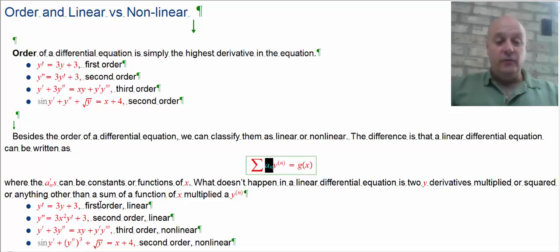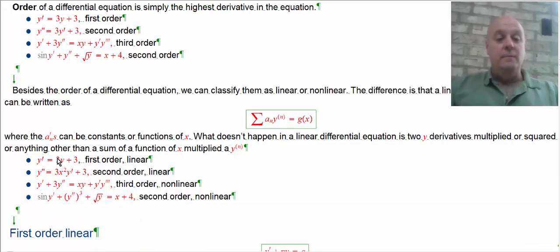So let's take a look at this first example. We said it was first order up here, but now I've got y prime equals 3y plus 3. It's linear because I can move that 3y over to the other side, and now I've got 1 times y prime minus 3 times y. I've got a combination of y and its derivatives equals some function of x, in this case a constant function.